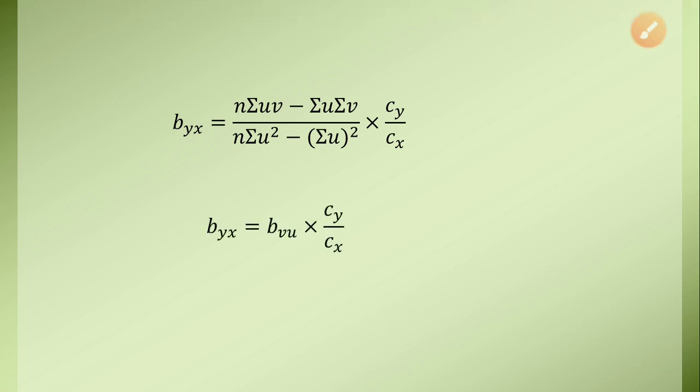You can see the formula on screen. Byx is equal to BVU into Cy upon Cx. So you can write this formula in your book. Okay, now let's start.